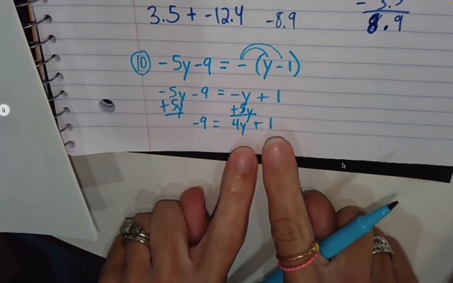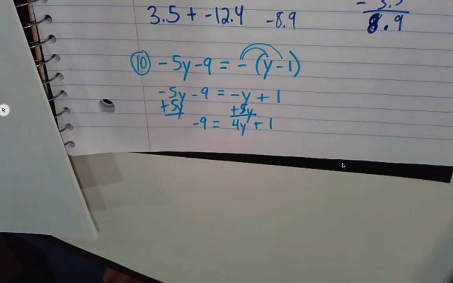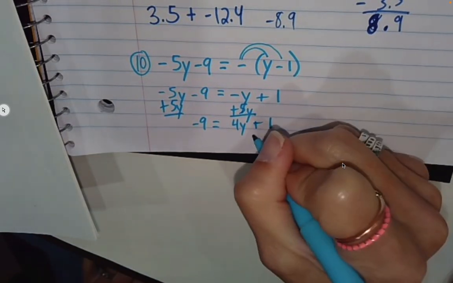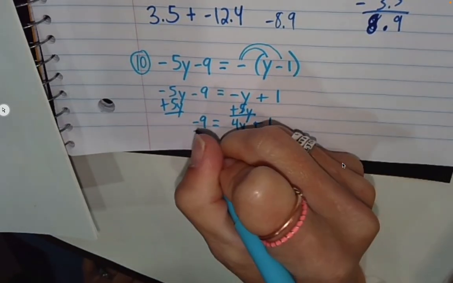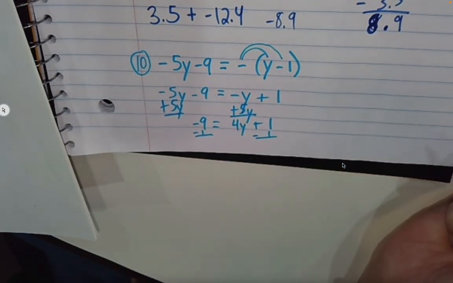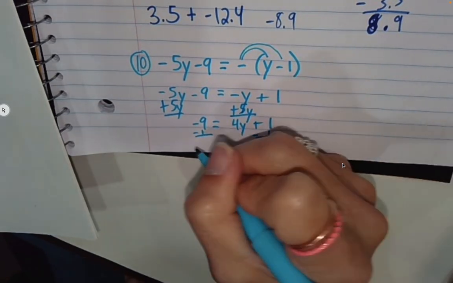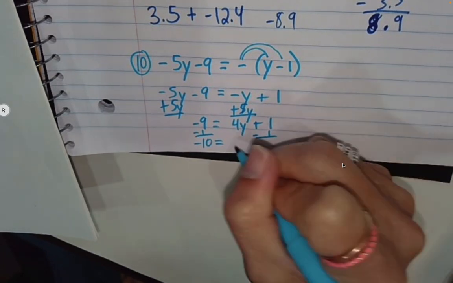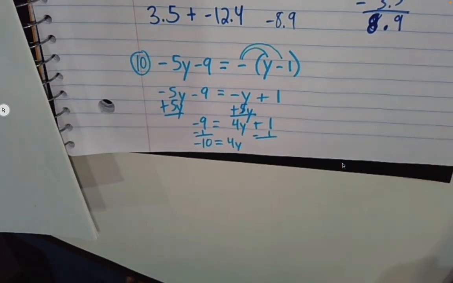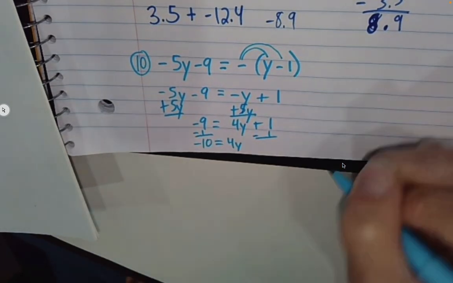1 and 4. So how do I move the 1? You're moving it to the other side, so you do the opposite. We subtract 1. What's negative 9 minus 1? Negative 10 equals 4y. Then what do we do? Divide by 4. Okay?